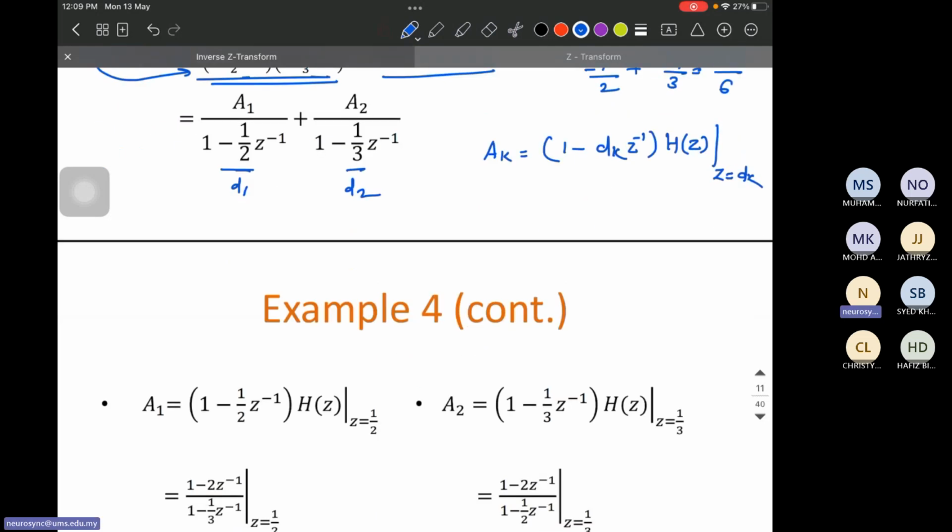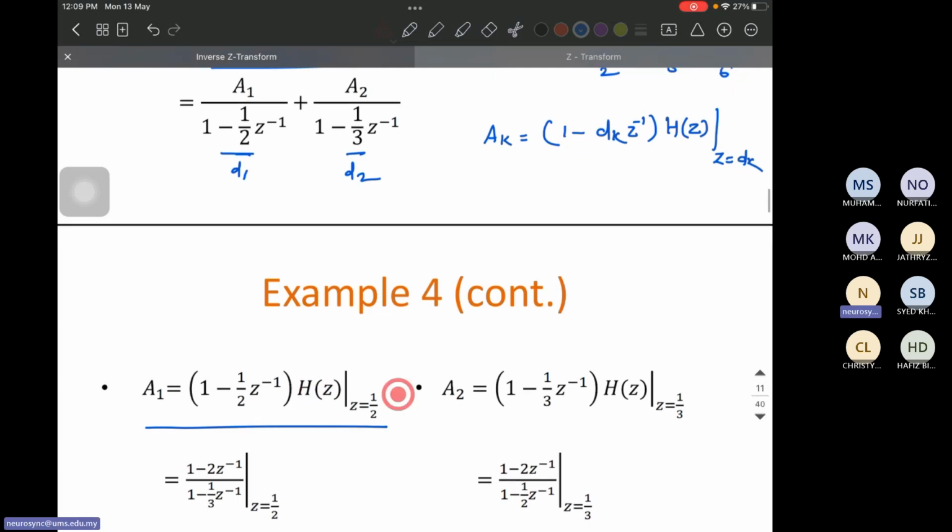So for A1, if I want to find the A1 value, A1 is equal to the denominator part into H of z at z equal to 1 by 2. Okay. Now, what is H of z here?